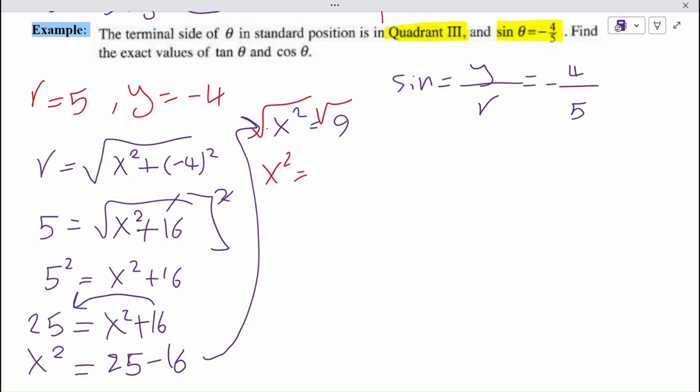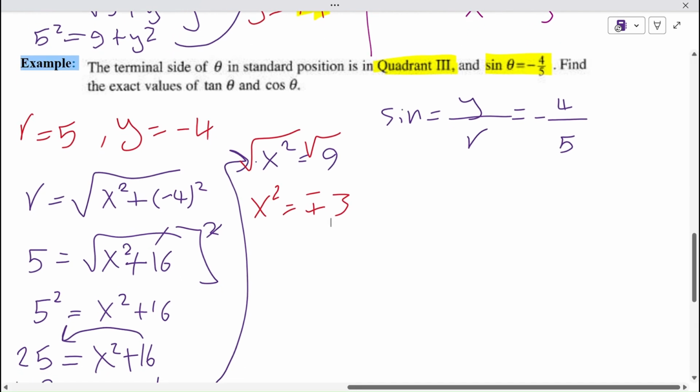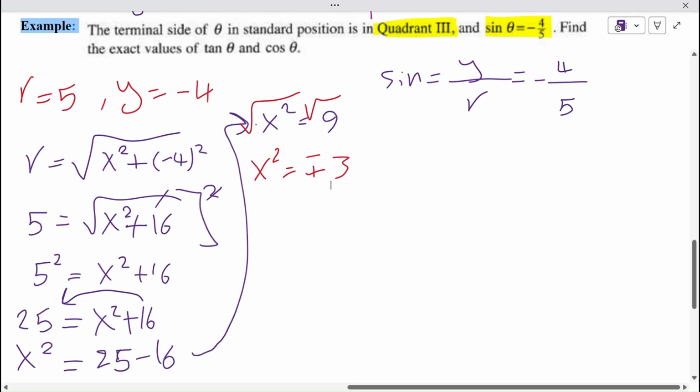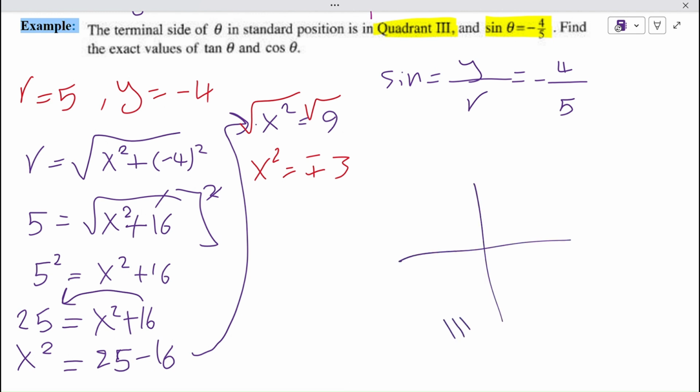Guys, in this question again, it gave us the quadrant, third quadrant. In the third quadrant, is x positive or negative? Let me show you. This is the third quadrant, guys. In the third quadrant, look at x. Where's x? X is here. X is negative.